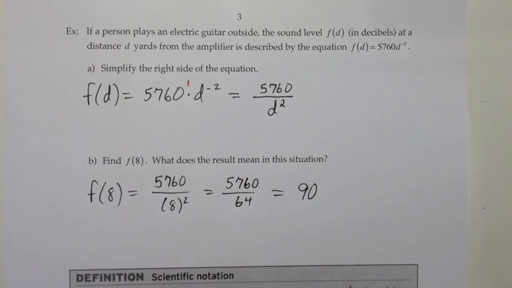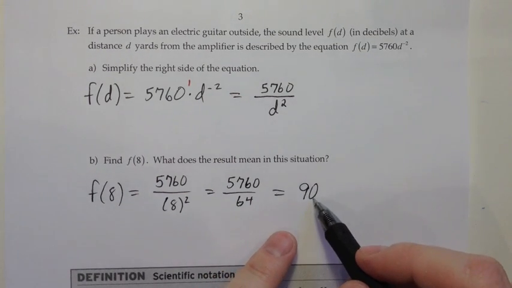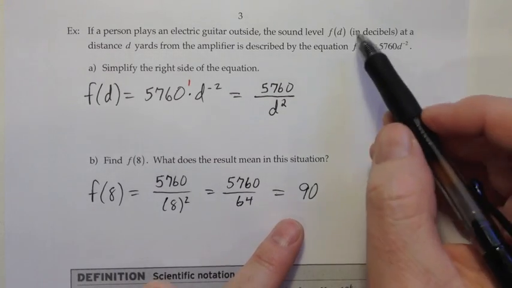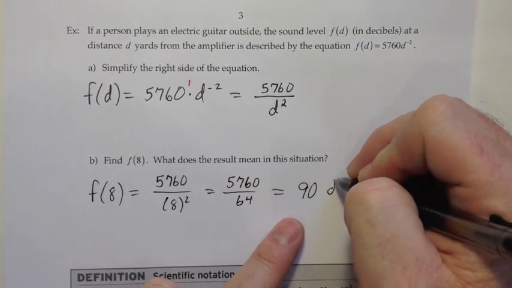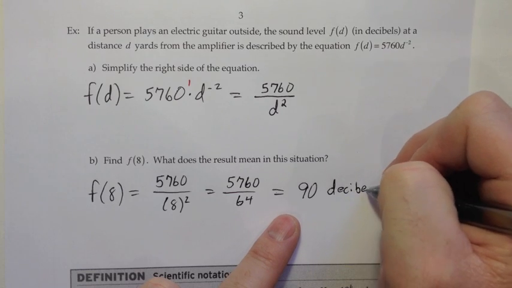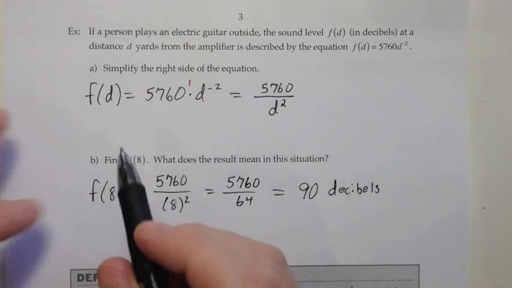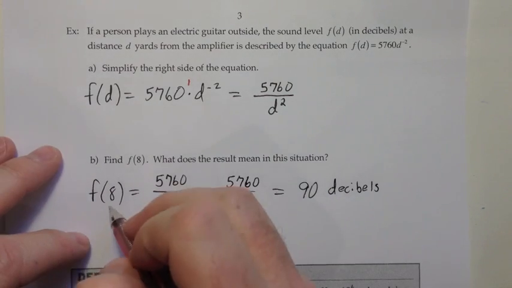And then to help us think about what this means, we want to think about the units. So first let me put units here. 90 what? Well, that's a value of f, and f is measured in decibels, so that would be 90 decibels. And then to think a little bit more about that, what that means, how did I get that? I plugged in an 8, but 8 what?